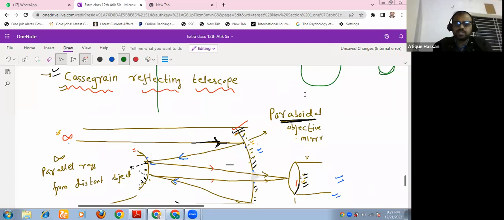So in the starting of the optics lecture, or at the end of the lens lecture, you may have heard about aberration, right? I don't know why it is getting erased by itself.